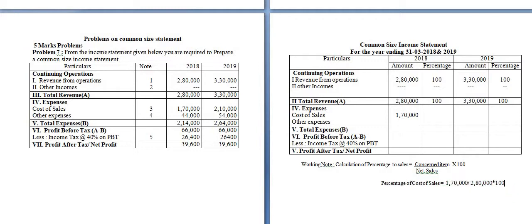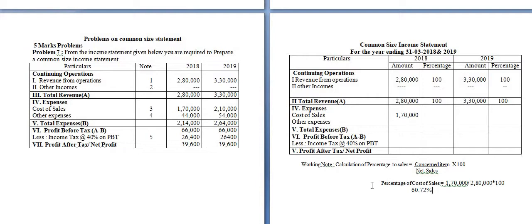Into 100 you will get percentage of cost of sales. 1,70,000 divided by 2,80,000 into 100 is equal to 60.72 percentage. So write this percentage here.